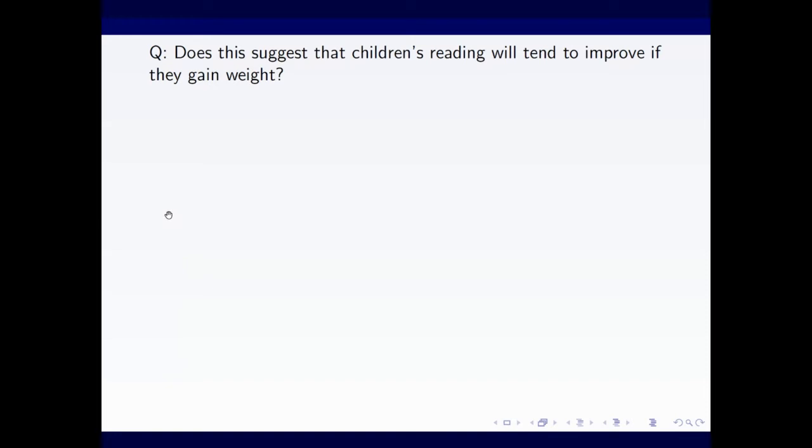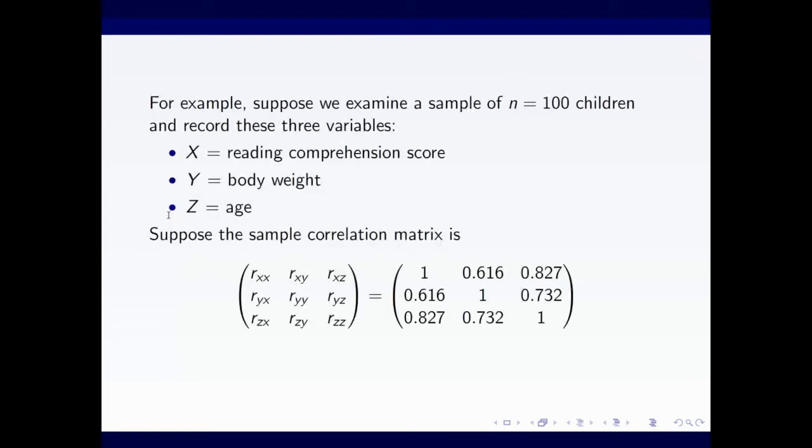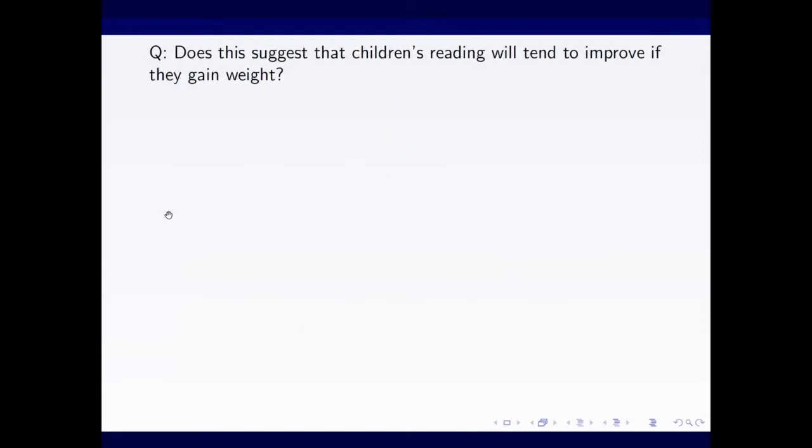So we have to control the effect of the age here because we can see a very high correlation between body weight and age, and between reading comprehension score and age.